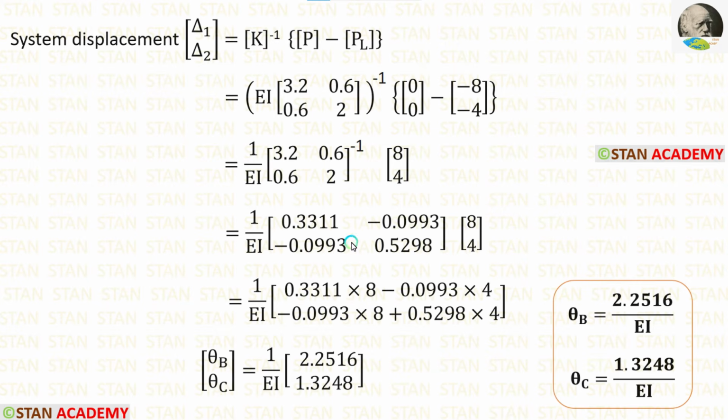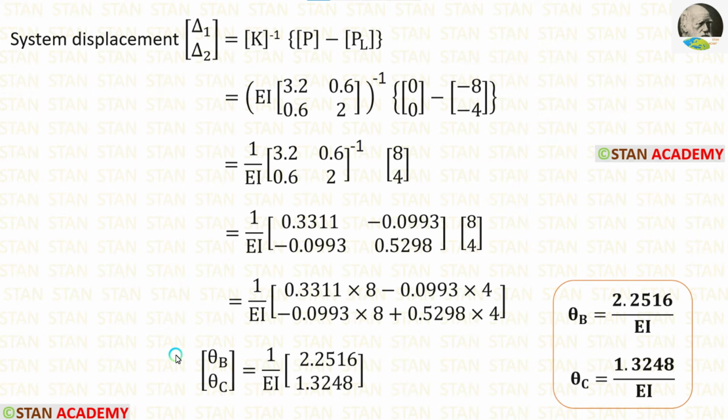I have used the calculator and got the inverse. Then we have to multiply these two matrices. You can see the multiplication here. Finally, we are getting the answers. We know that in this analysis, the system displacements are the slopes, which we got finally.